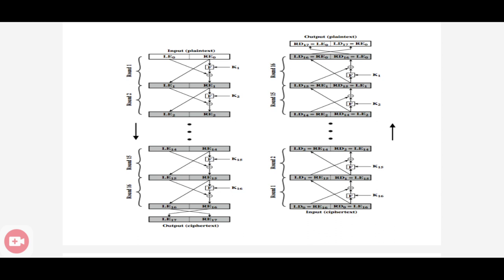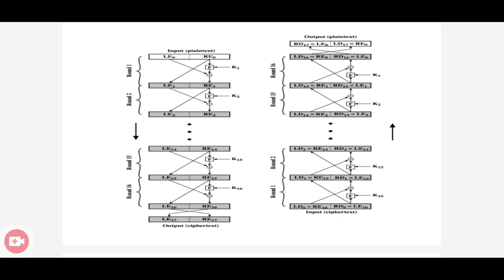And what is the decryption procedure in a Feistel structure? It is the reverse of this encryption. That means we have 16 rounds, we have 16 subkeys K1 to K16, but the process is reversed. So we have the input as ciphertext. Then divide that ciphertext into two halves, left and right. Apply the round function to the right half, then get an output.